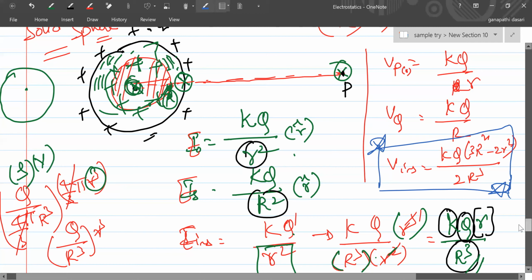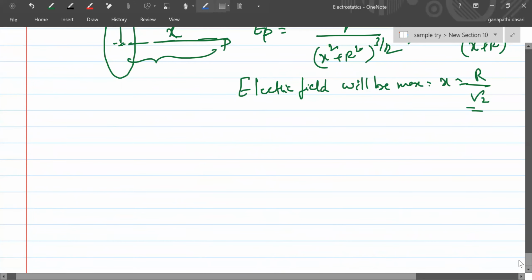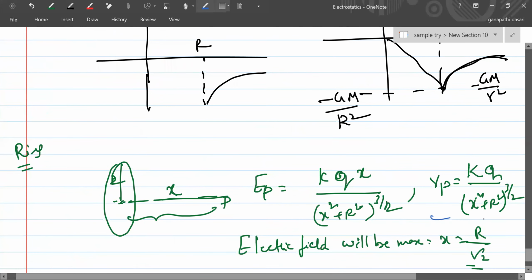Did you know these values? Yes, sir. So here electric field will be maximum, and electric field we wrote, and potential also we wrote: k q by (x square plus r square) whole power 3 by 2.